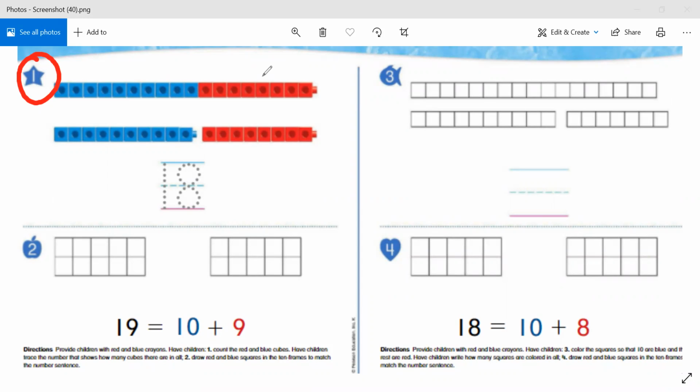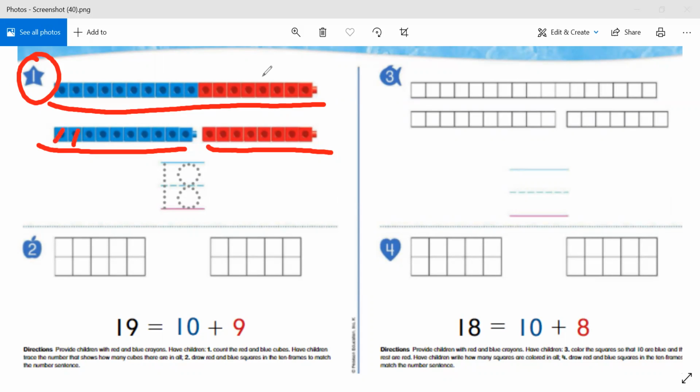You're going to count the red and blue cubes, and then you're going to trace the number that shows how many cubes there are in all. So we have blue and red cubes, and now we have one set of blue and we have one set of red. So you're going to count how many blue and how many red there are.